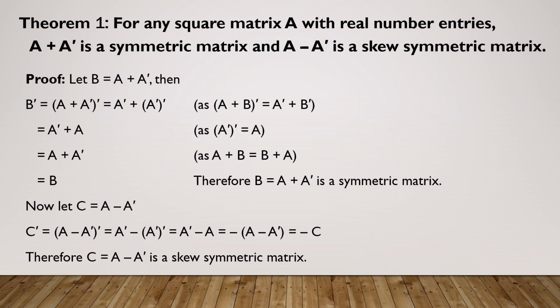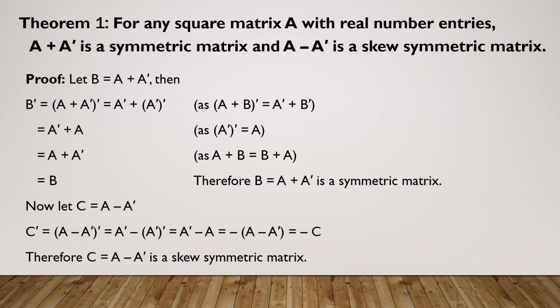There are some important theorems or results which we need to prove for matrices. In that, the first theorem is, for any square matrix A with real number entries, A plus A transpose is symmetric and A minus A transpose will always be a skew symmetric matrix. Let us prove this. Suppose you take a matrix B which is A plus A transpose. Then what is B transpose? A plus A transpose whole transpose. Now you know that A plus B transpose is nothing but A transpose plus B transpose.